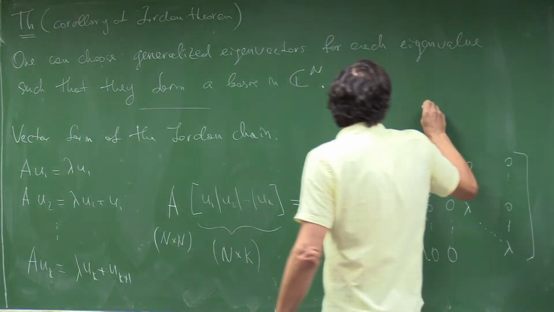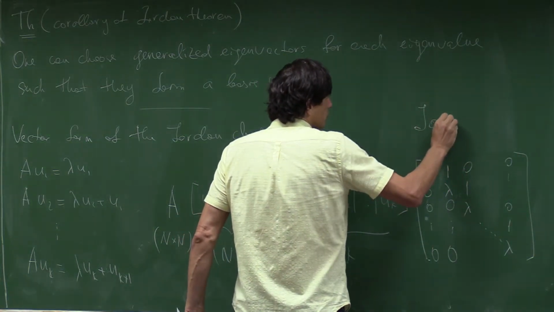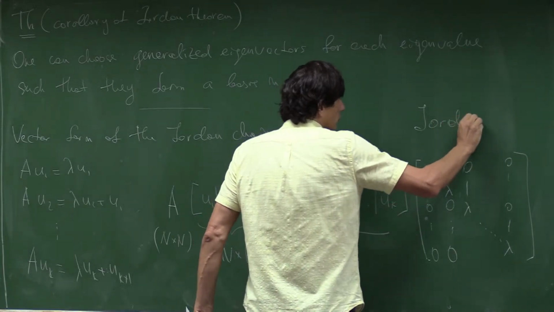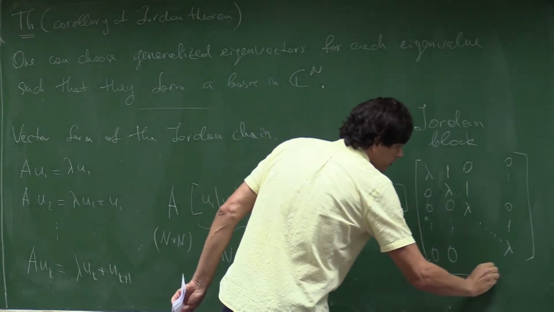What we obtained in the last matrix is called a Jordan block, and it has a size of k by k.